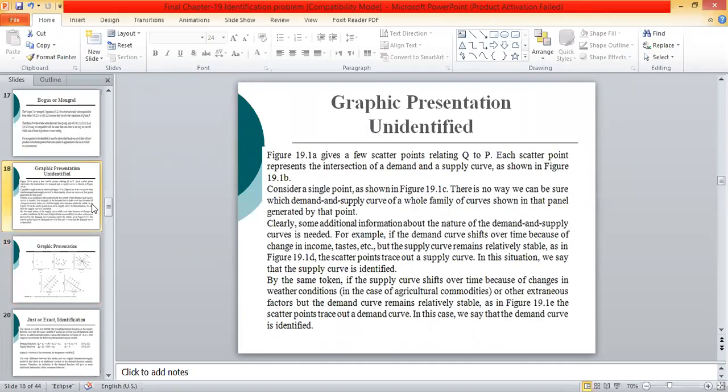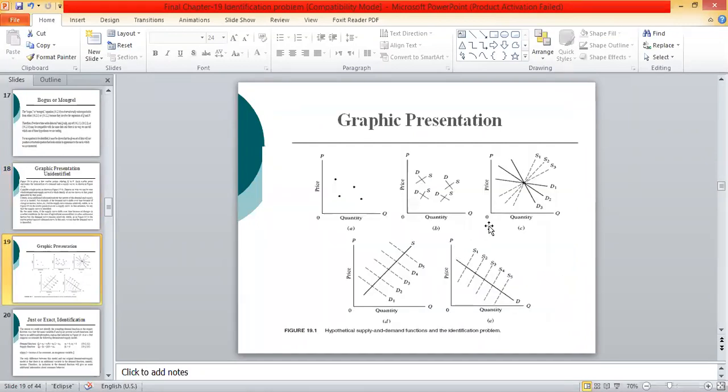So from this analysis, we are unable to explain which demand and supply curve, among the whole family of curves shown in the panels generated by the point, is responsible.